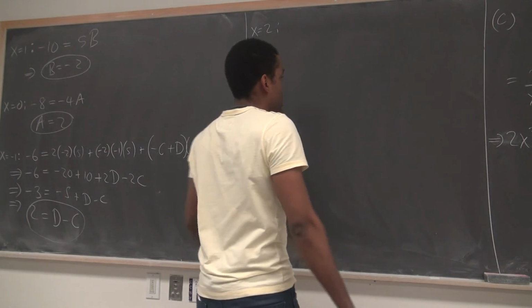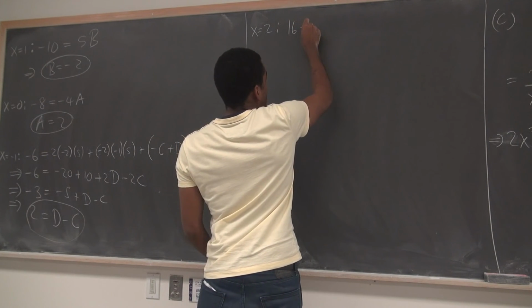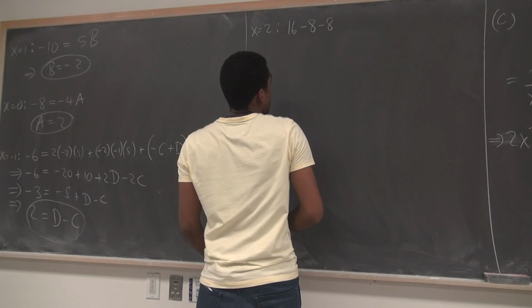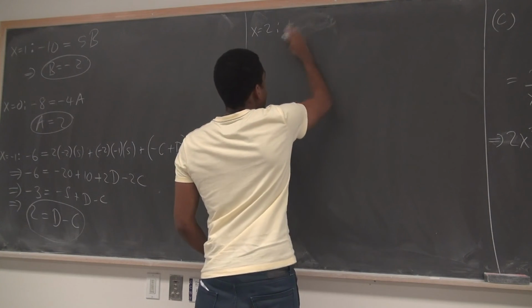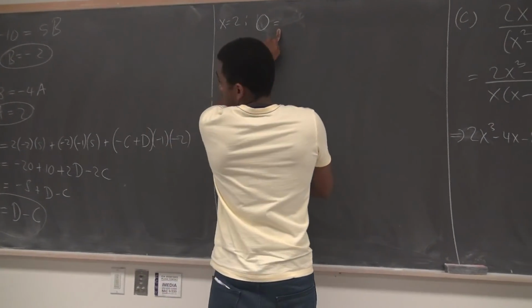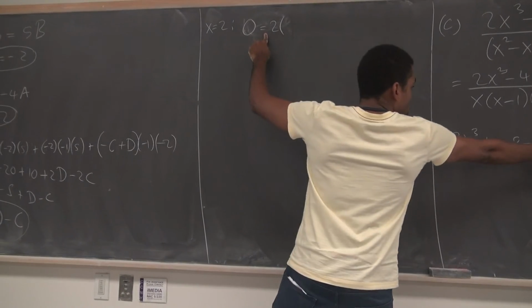And on the left side, what do we get? 16 minus 8 minus 8. So it's just 0 on the left side. Not bad. And then I would have a. I know what my a is. That's 2. I'm plugging in x equals 2 here.